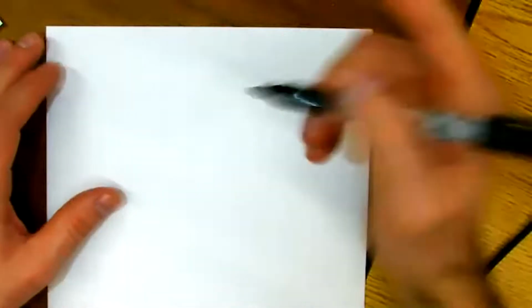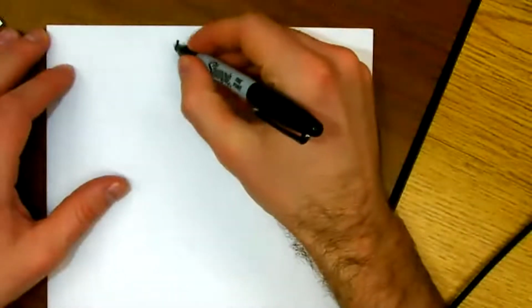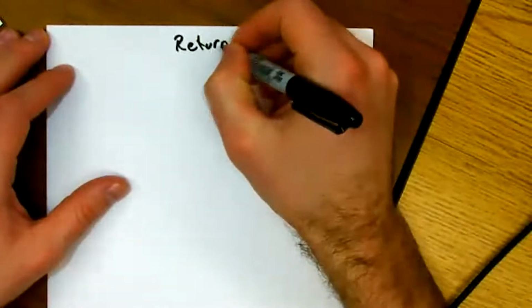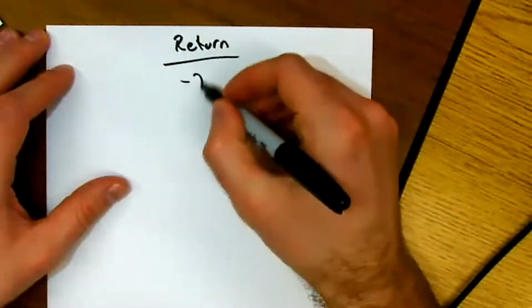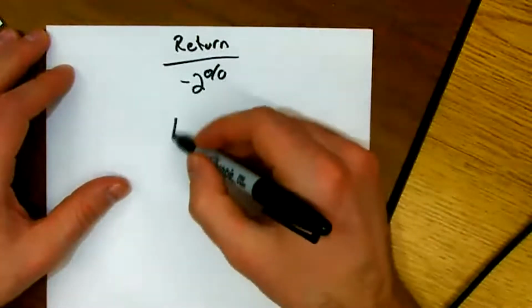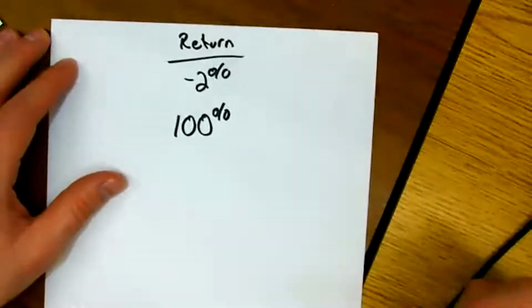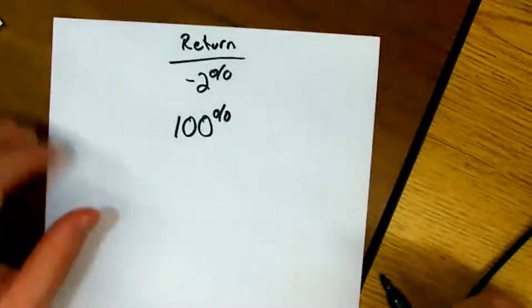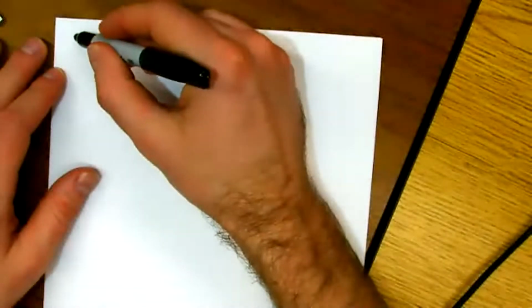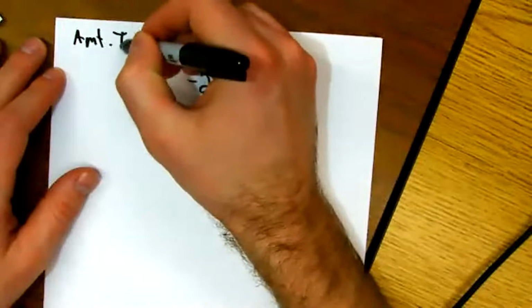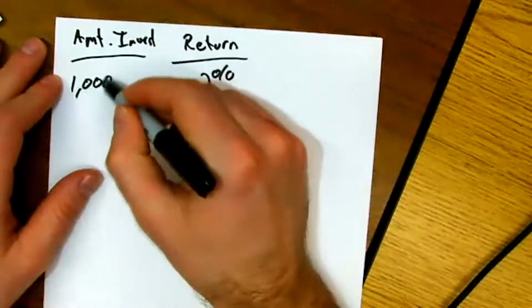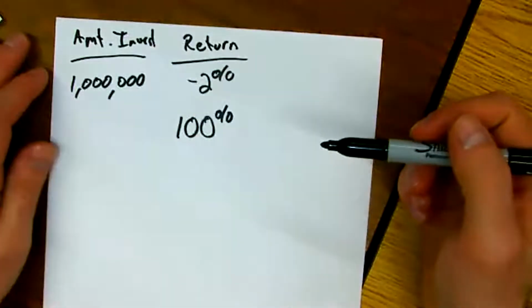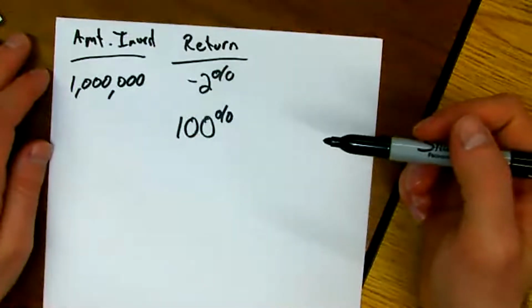So let's say I've got 2 mutual funds or stocks I've invested in, right? So I look and the one return is something like -2%. The other return is 100%, right? However, it doesn't just matter that those are the returns, because if I think about the amount invested in each one, let's say I put $1 million into one of those stocks.